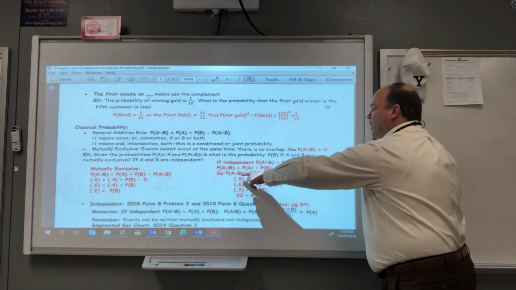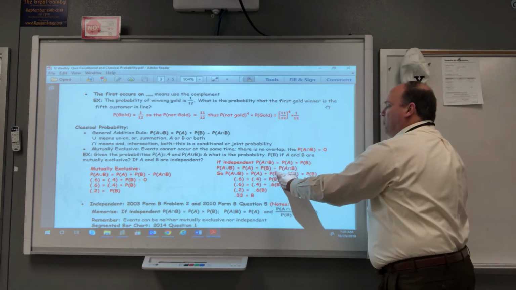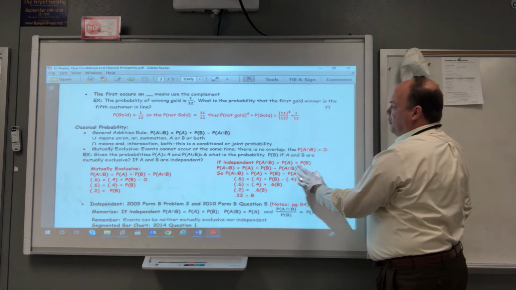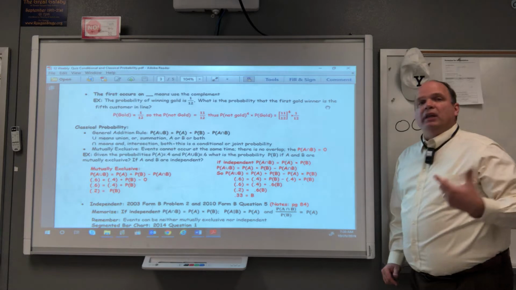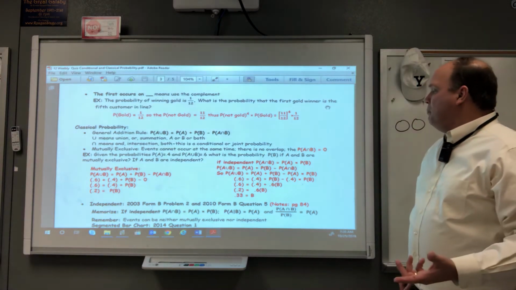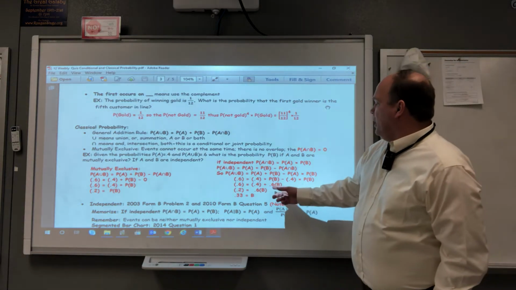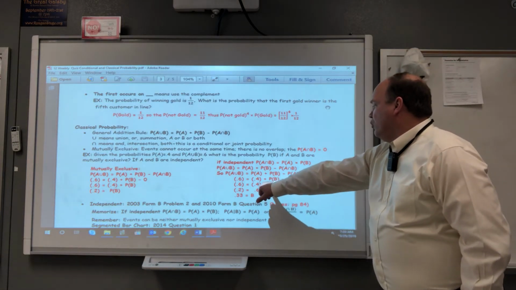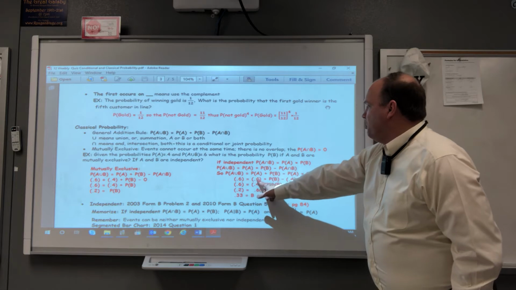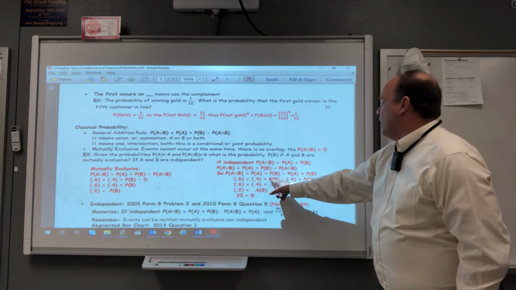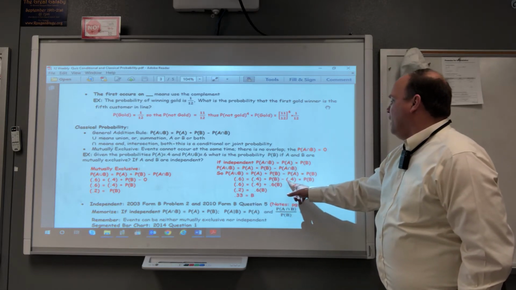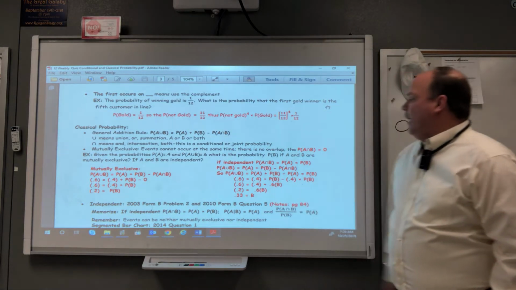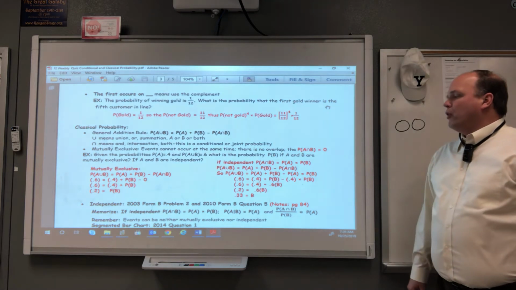So now I have A union B equals the probability of A plus B minus probability of A times B, and I can do that because they told me they wanted me to assume that they were independent. In which case, I plug in my values and solve. Please note, this is where people get confused. 0.6 minus 0.4 gives me the 0.2, but I have 1B and 0.4B. Well, 1B minus 0.4B is 0.6B. I divide and I get 0.3, or actually 1/3.